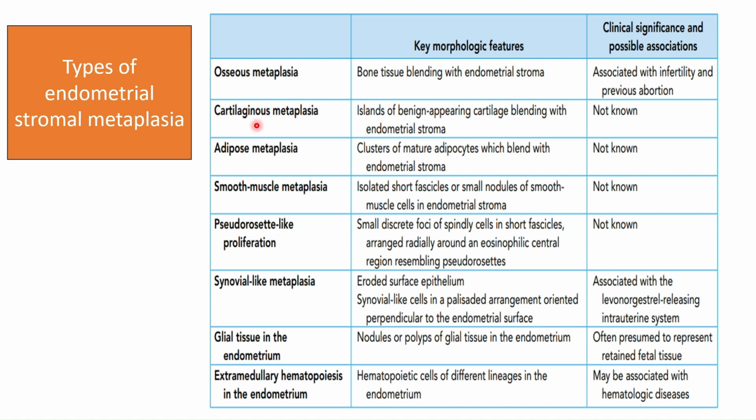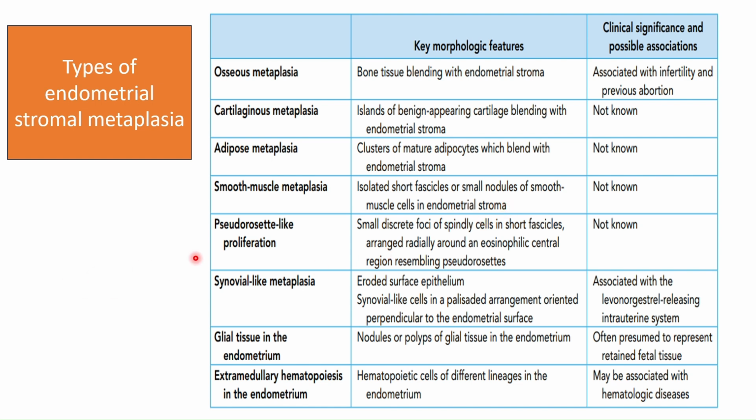Now second is cartilaginous metaplasia. Here it is easy to diagnose. We will find islands of benign appearing cartilage blending with endometrial stroma. Adipose metaplasia, as the name suggests, shows mature adipocyte clusters which blend with endometrial stroma. Smooth muscle metaplasia, where we find isolated short fascicles or small nodules of smooth muscle cells in endometrial stroma.